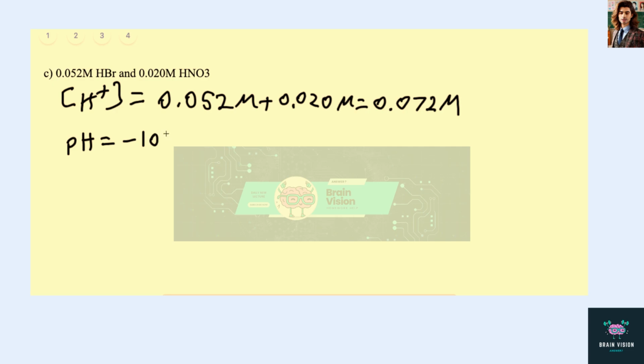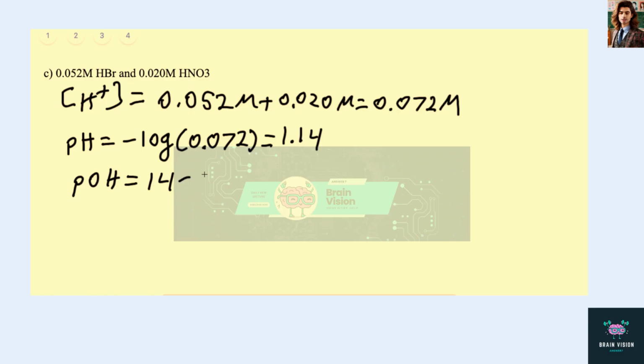From here, it's the same process as before. pH equals negative log of the hydrogen ion concentration, which comes out to 1.14. pOH is equal to 14 minus the pH, which comes out to 12.86.